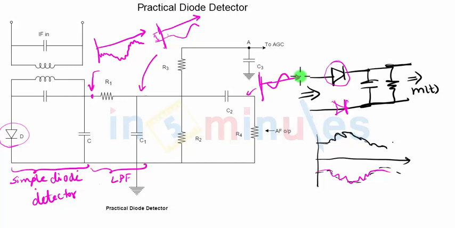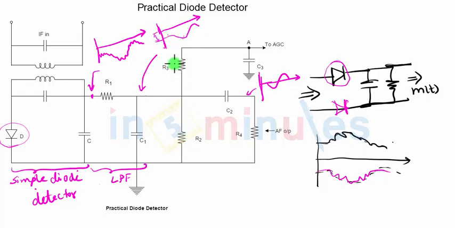Now let us try to understand why this extra circuitry of R2, R3 and capacitor C3 is provided. R2 and R3 form another path for the signal which was available at the output of C1. At the output of C1, the signal was my modulating signal along with a negative DC signal.